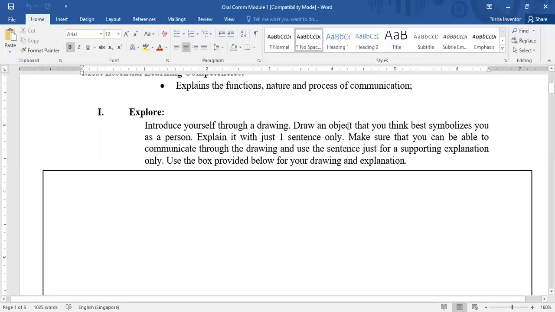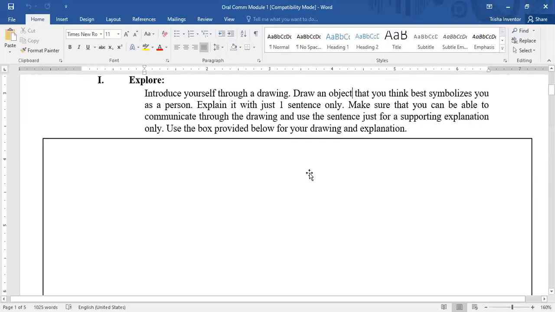It may be an object or an animal or a plant that you think best symbolizes you as a person. Then you explain that drawing with one sentence only.